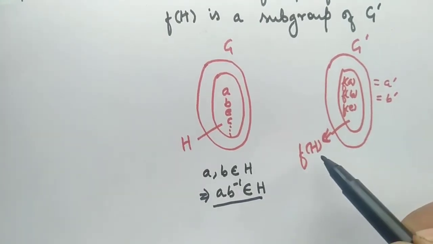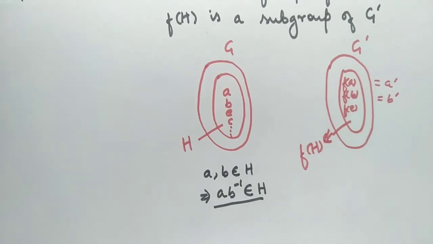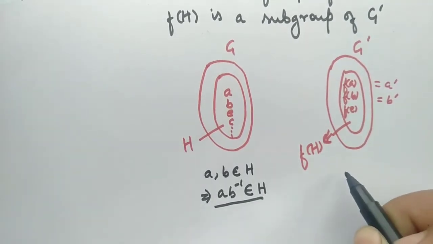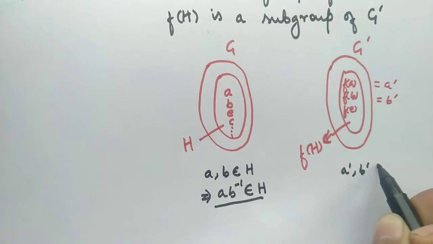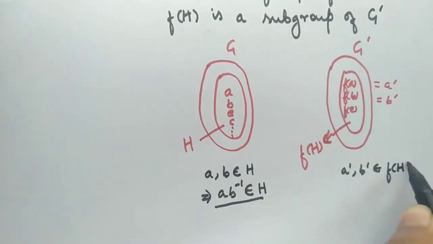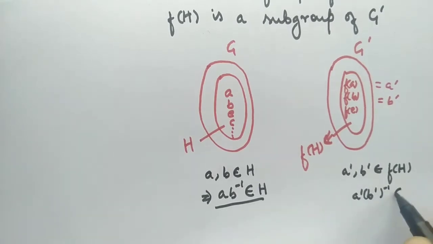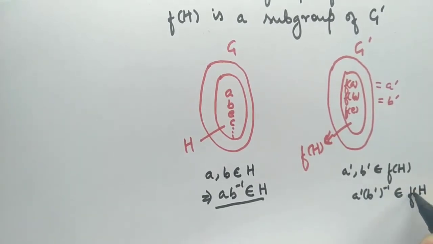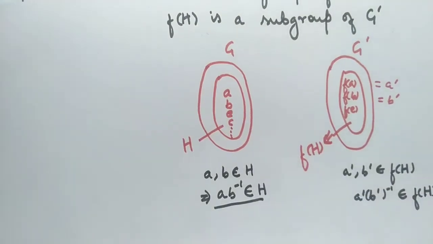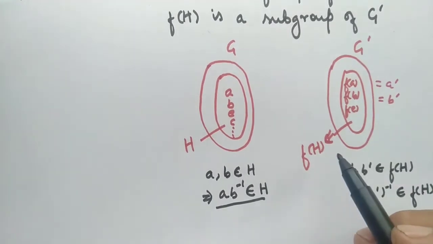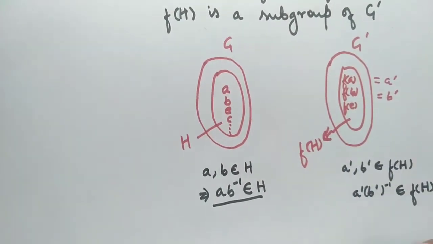Now in the same way, to show that this f(H) is a subgroup of G prime, we will take elements a prime, b prime from f(H), and we will show that a prime b prime inverse belongs to f(H). If we can show this one, then we can say that f(H) is a subgroup of G prime, okay? So first we show that f(H) is a non-empty subset of G prime.